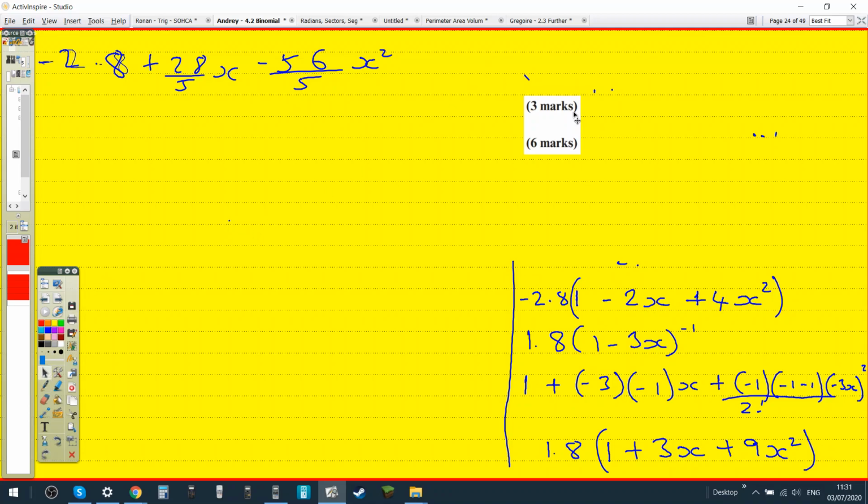And then for the second expansion, would it be 1.8 plus 27 over 5x plus 81 over 5x squared?